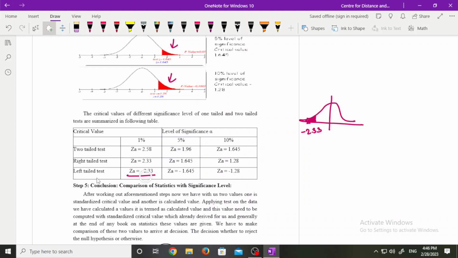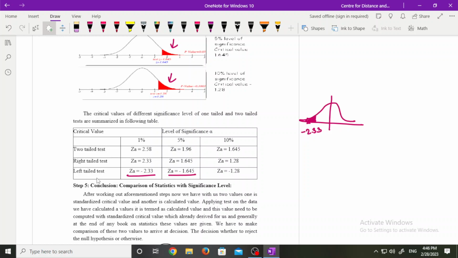Similarly, for 5%, Z1 is 1.96 for the two tail test, for the right tail test it is 1.645, and for the left tail test Z1 is equal to minus 1.645.